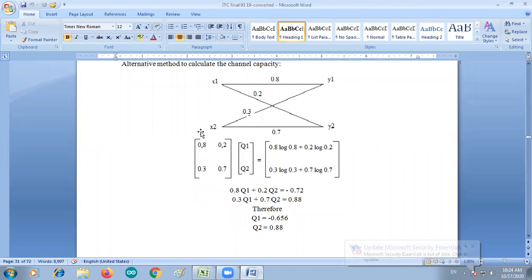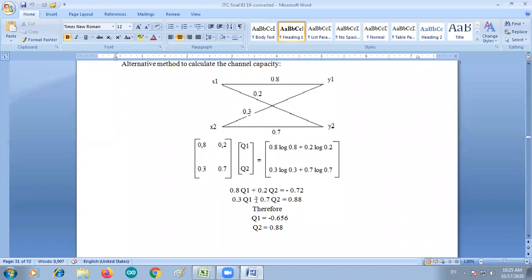For this problem, 0.8, 0.2, 0.3, 0.7, Q1 and Q2 multiplied gives 0.8 into Q1 plus 0.2 into Q2, that is equal to 0.8 log 0.8 plus 0.2 log 0.2. Once you simplify this value, it is minus 0.72.